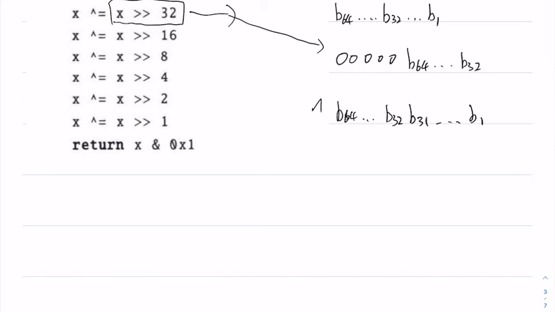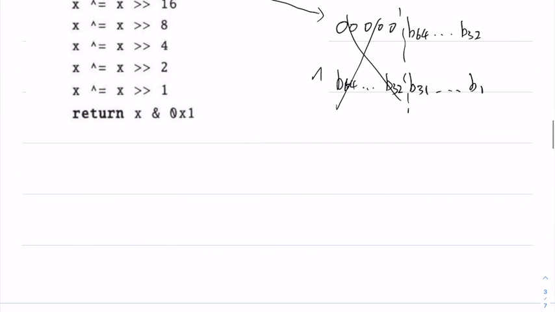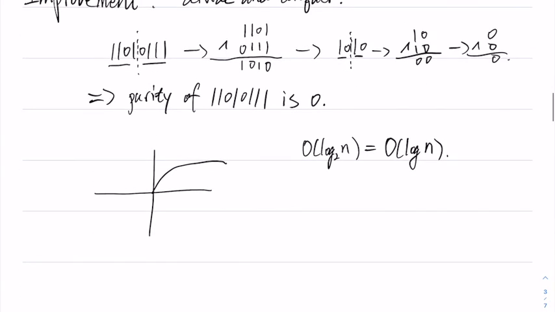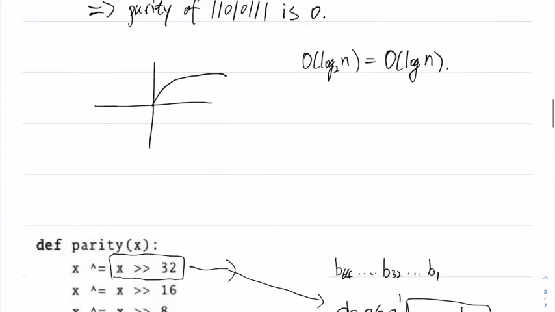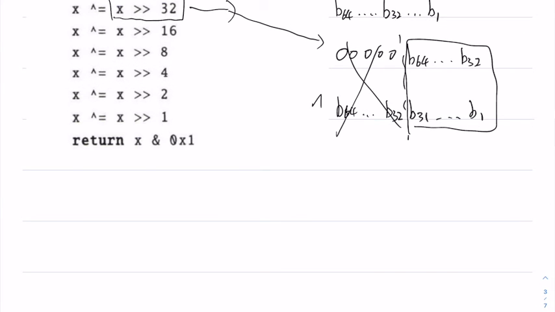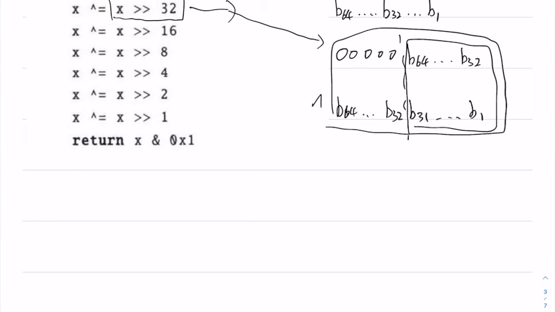Notice that we're ignoring the first part. We don't look at it, we only look at this part, and this part is what the algorithm describes. We are XORing the first half with the second half. This is the first half, and this is the second half. We are XORing them, and at this time we're storing the whole result back into x.